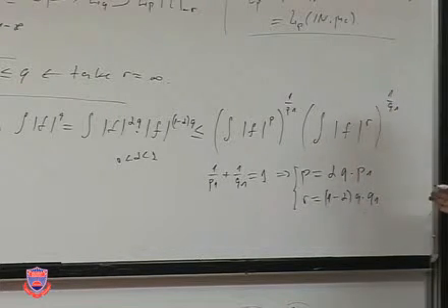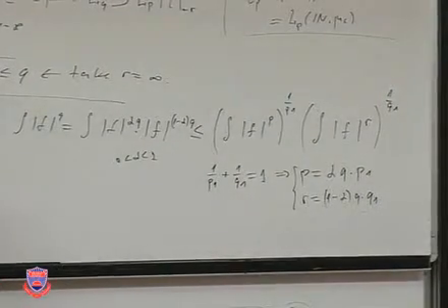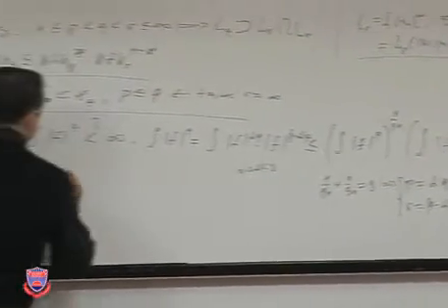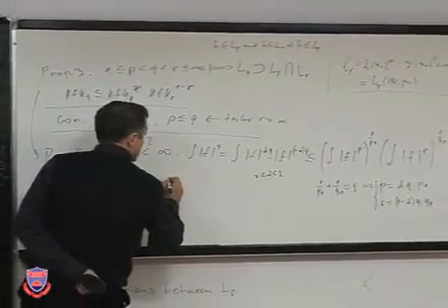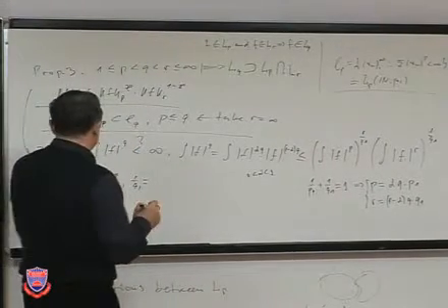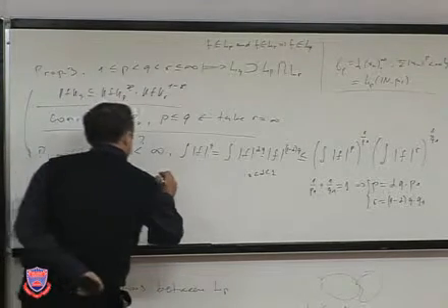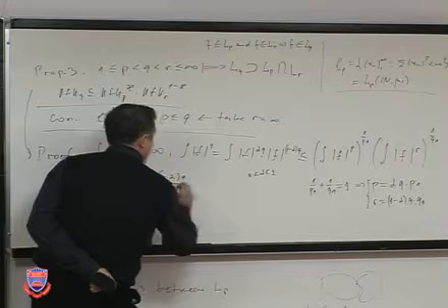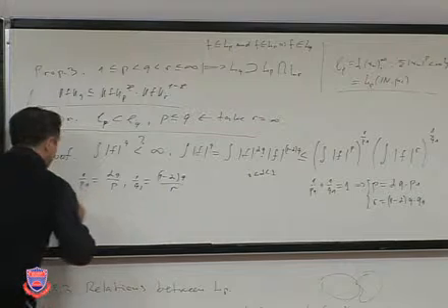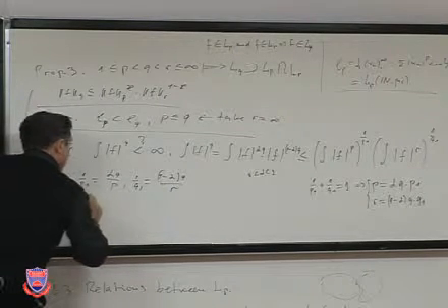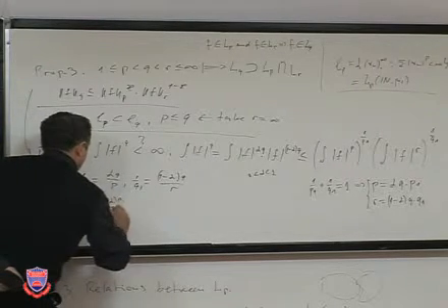So let's find them now. For example, we can find 1 over P1 from here. 1 over P1 is alpha Q divided by P, and 1 over Q1 is, check me please, I am not in good form today, 1 minus alpha Q divided by R. And then since the sum is 1, we have alpha Q over P plus 1 minus alpha Q over R equals 1.